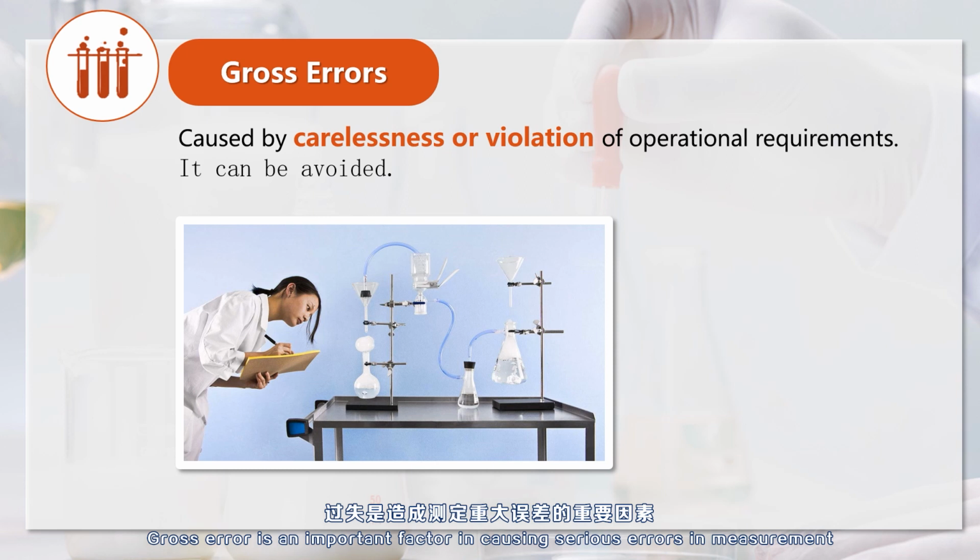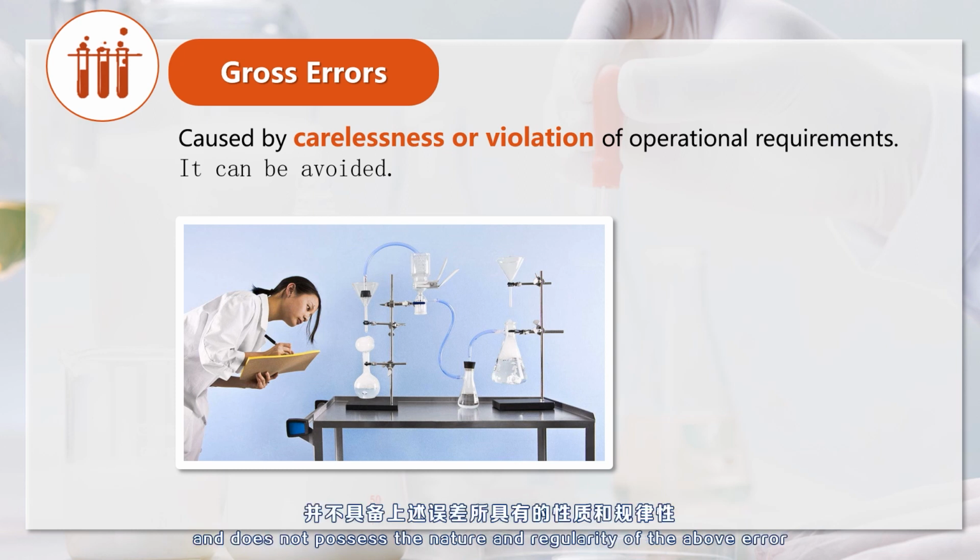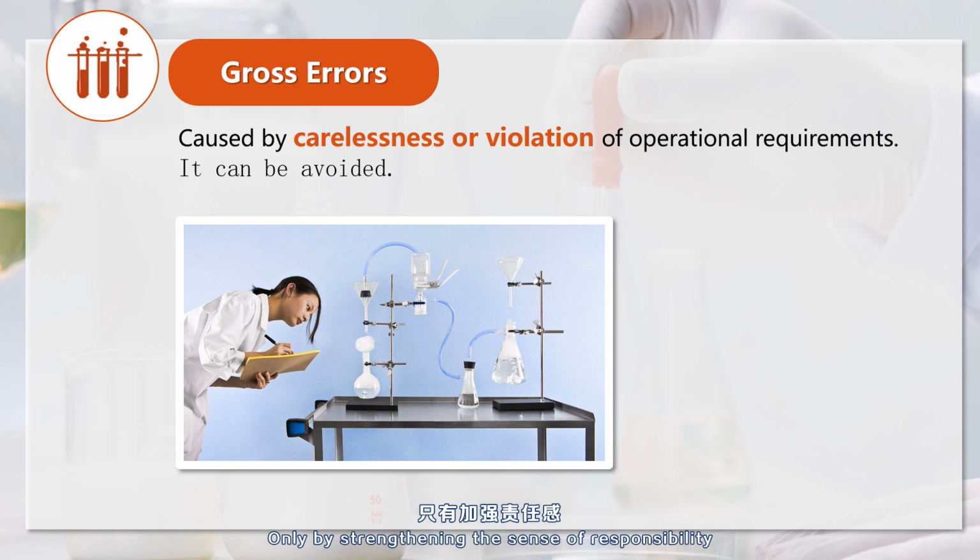Gross error is an important factor in causing serious errors in measurement, but in essence is only a kind of mistake and doesn't possess the nature or regularity of the above errors. Only by strengthening the sense of responsibility, cultivating rigorous, meticulous working style, and strictly operating according to the operating rules can gross error be avoided.